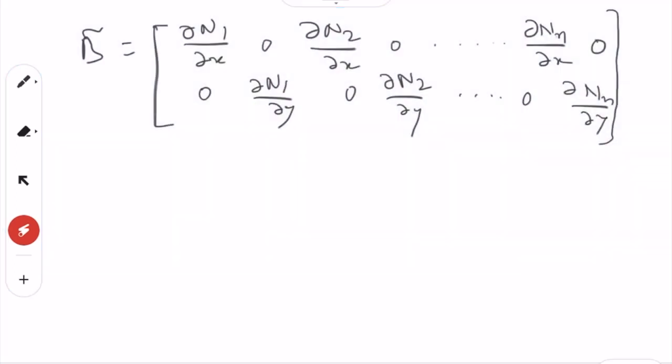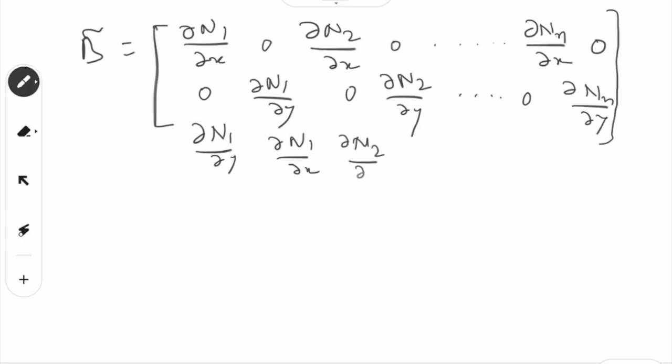So what it means is you will have del n1 del y, del n1 del x, and so on. So del n2 del y, del n2 del x, similarly del n del y, del n del x.